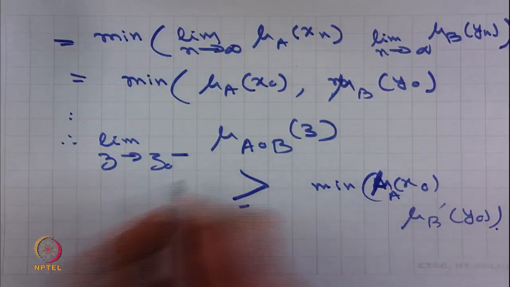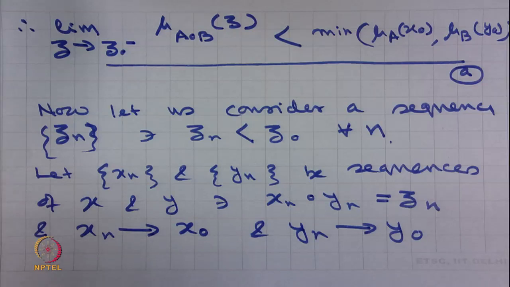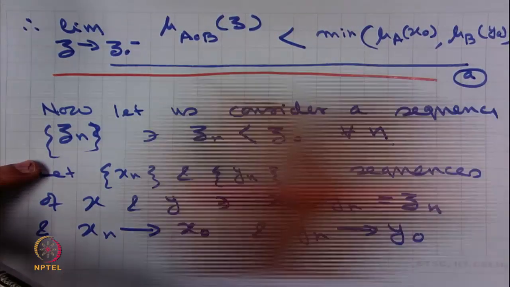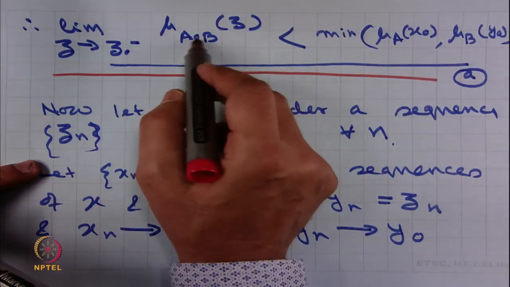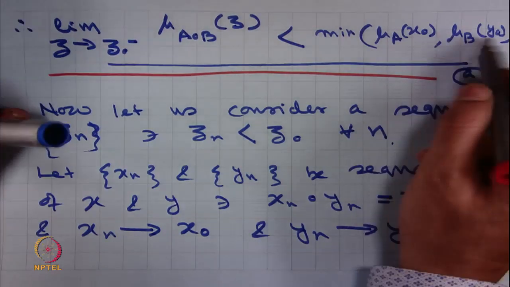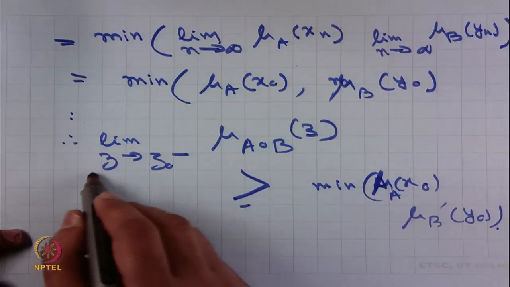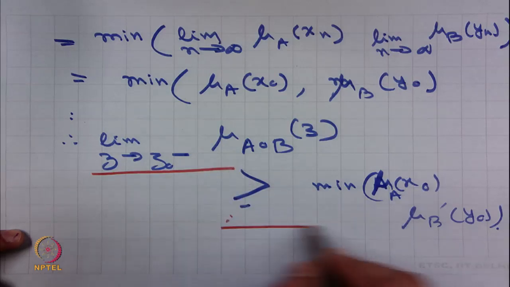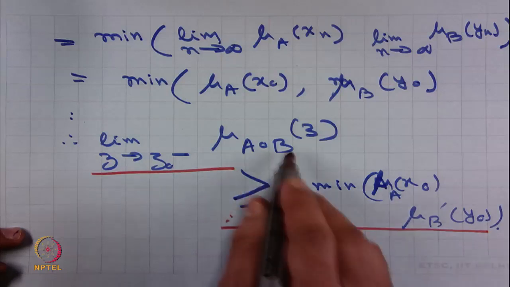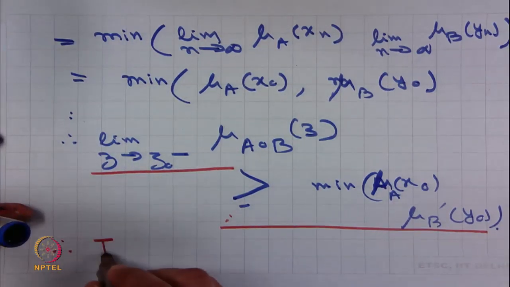Earlier, if you see, we have shown that limit z goes to z naught minus of mu A of B of z is less than minimum of mu A of x naught and mu B of y naught, and now the inequality is reversed, it is greater than or equal to this. Therefore, there is a contradiction.